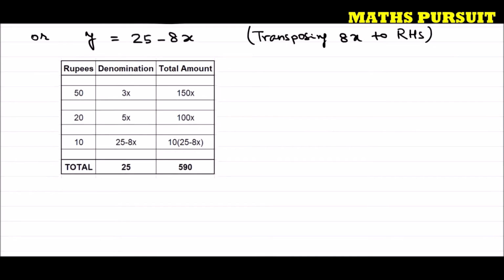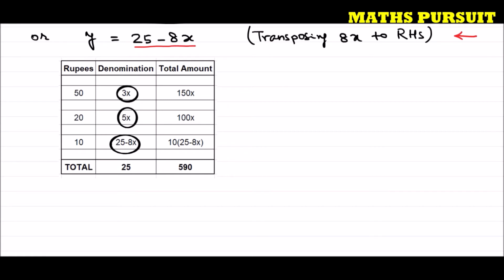So we got 3x notes of 50 rupees, 5x notes of 20 rupees, and 25 minus 8x notes of 10 rupees. Earlier we considered y notes of 10 rupees, but we got the value of y as 25 minus 8x from the line above.